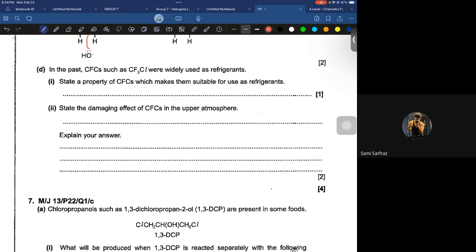Since the carbon-fluorine bond is stronger, it's not going to break down easily in the presence of UV light or sunlight. So the carbon-chlorine bond would break down and give you chlorine radical. Since the chlorine radical is very reactive, it's going to react with ozone.